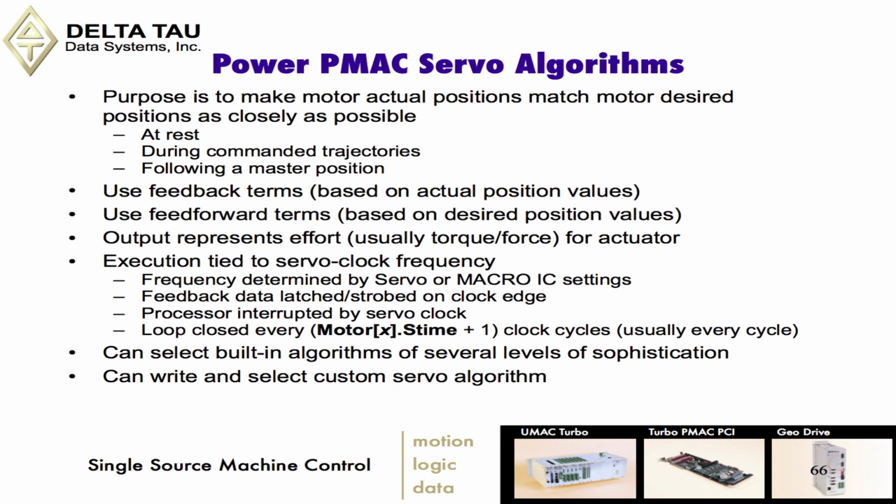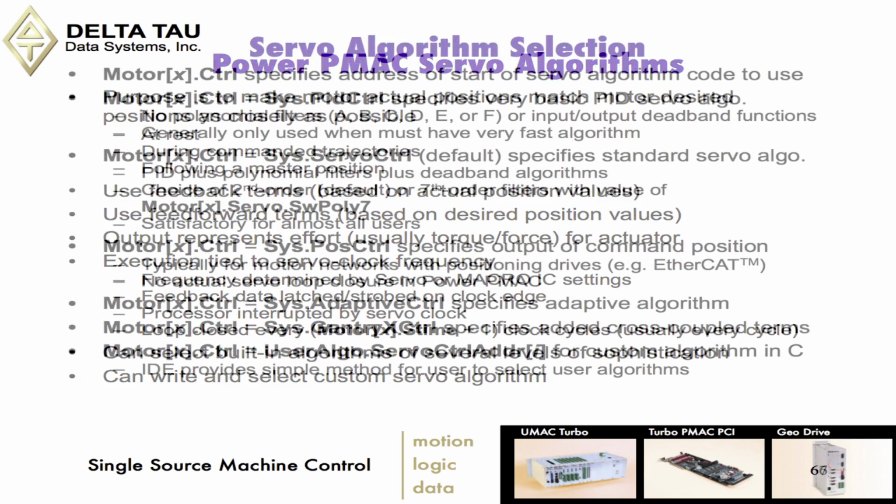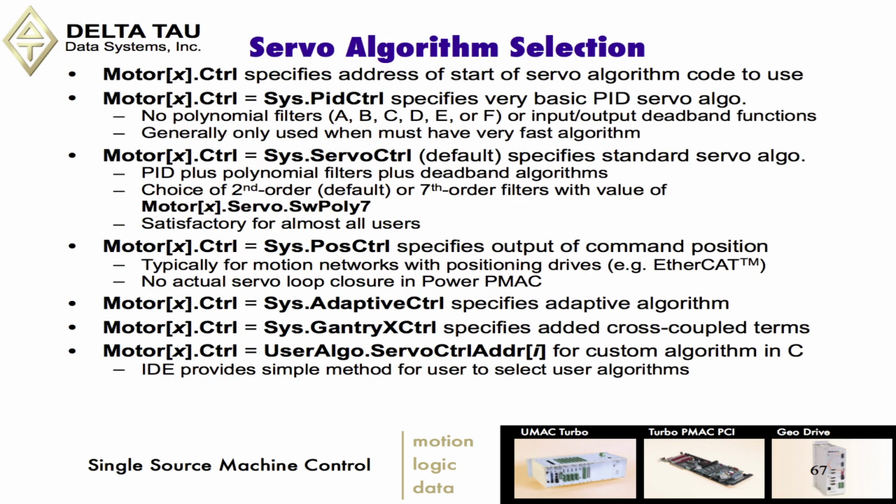So we could write an actual real-time program in C. Motor[x].Control specifies the starting address of the servo algorithm that we're going to be using. Normally we just give it the name of the servo algorithm that we want to use.